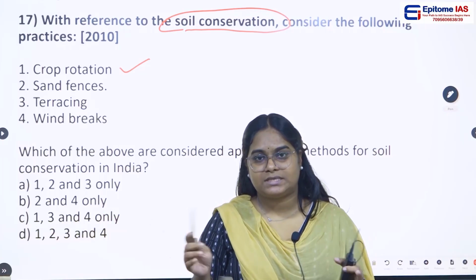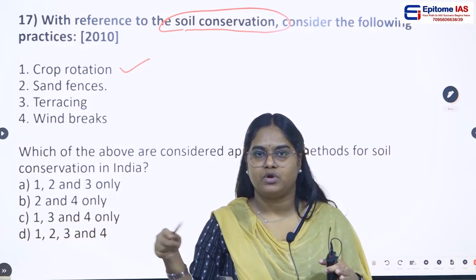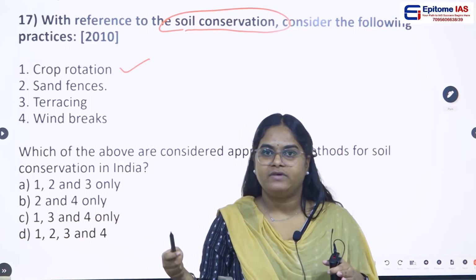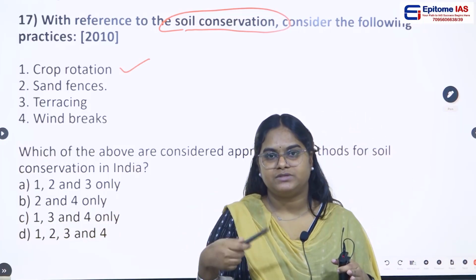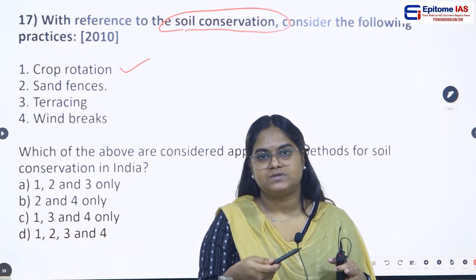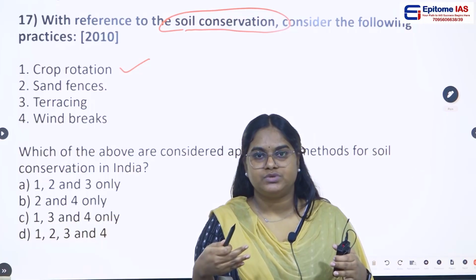How? Let us say I am using some different types of crops throughout the year. I am not using the same type of crop again and again. So what will happen? The different type of nutrients, it will be consumed by the plant, and the other type which are deficient in the soil, it has some time to revive those nutrients.